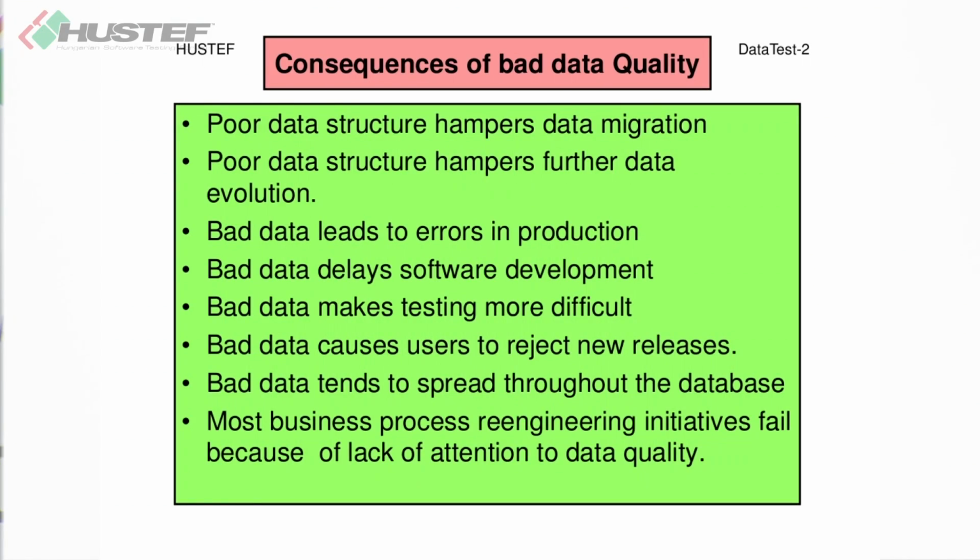So it leads to errors in production, delays in software development. Generally, it makes testing more difficult if you cannot rely on the data that you are using, and the bad data tends to spread throughout the database, just like a cancer infection, yeah.